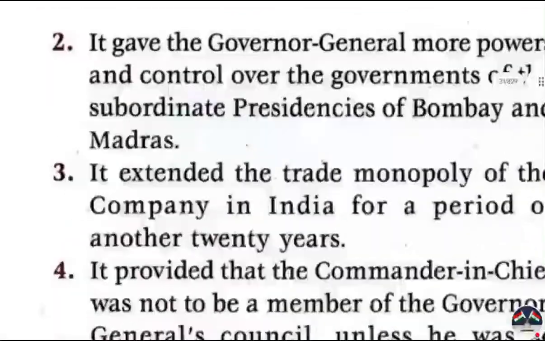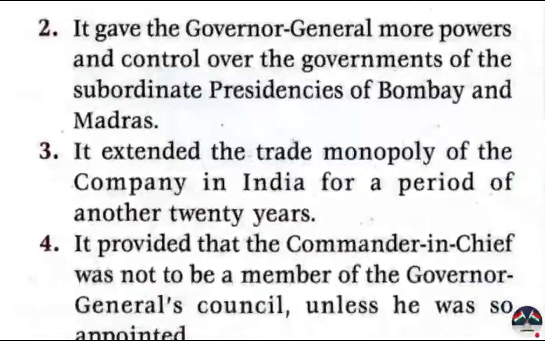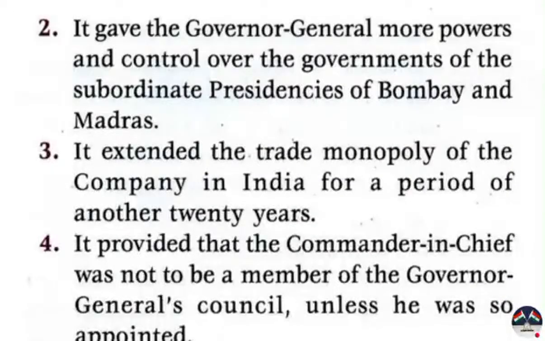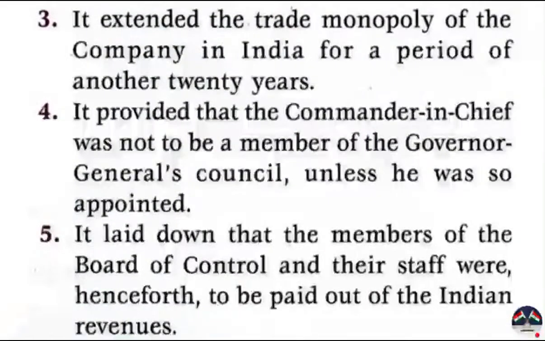Secondly, it gave the Governor General more powers and control over the governments of the subordinate presidencies of Bombay and Madras. It extended the trade monopoly of the company in India for another 20 years.